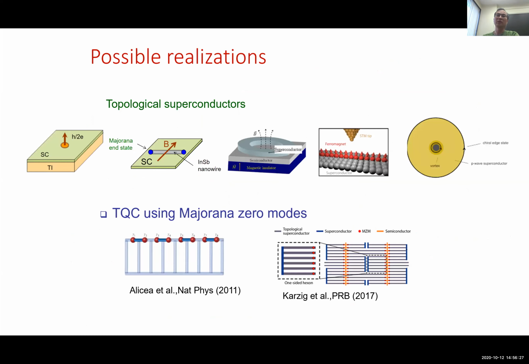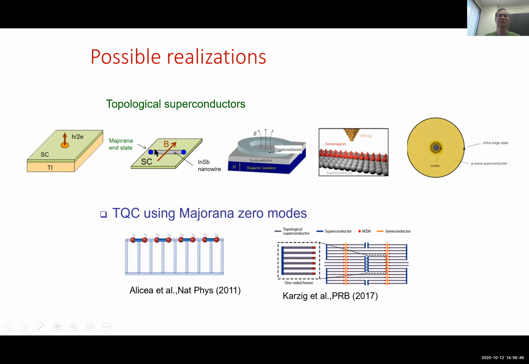Okay, but before we go into the detail of the gates, let me just list a few possible realizations. These are related to these Majorana zero modes. So we have, for example, topological insulator and superconductor flux.